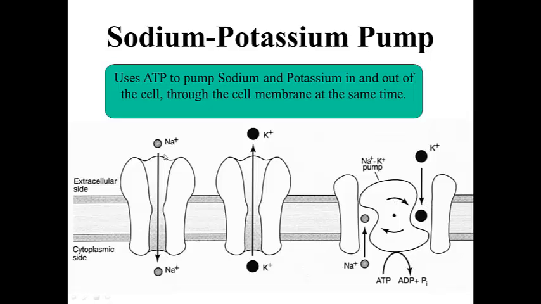So in this one we've got the sodium that's going through, and then we've got potassium that's coming out. And in the sodium-potassium pump, let's look at this, and maybe in class you can tell me what's happening on this diagram over here.